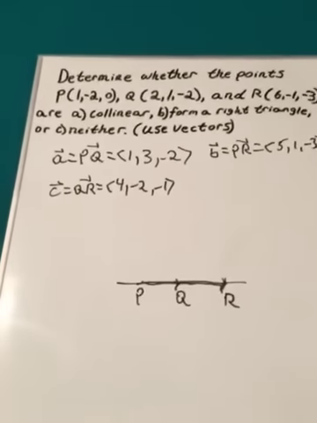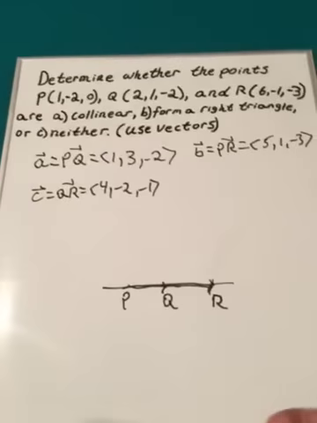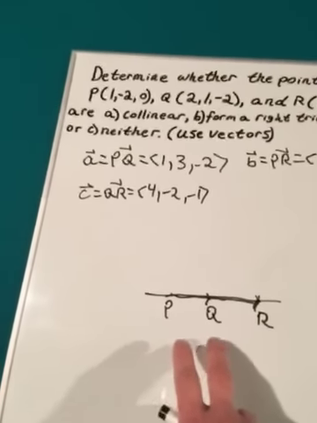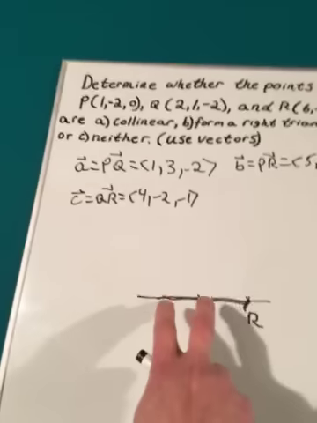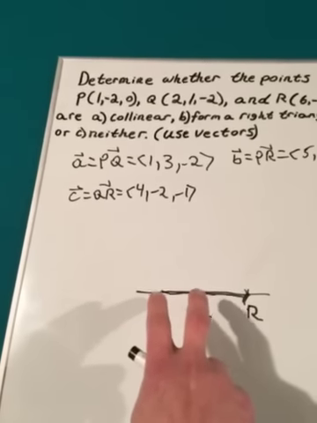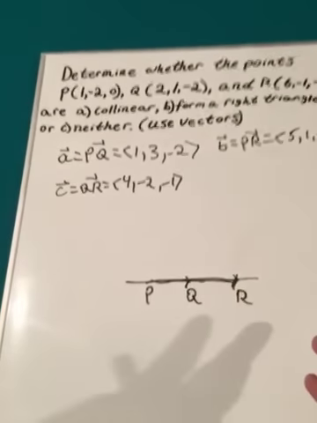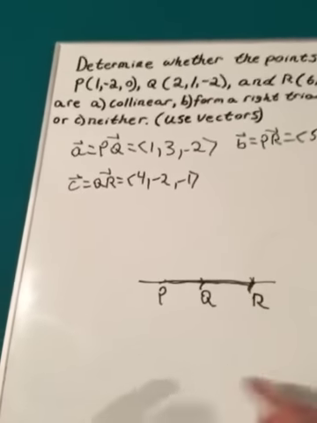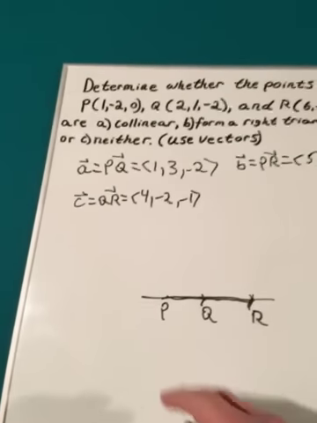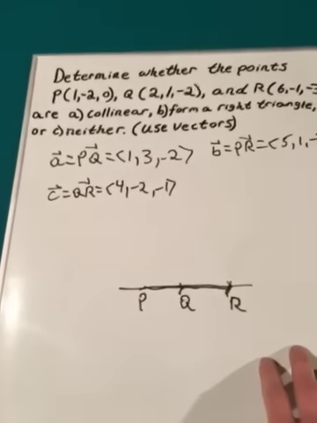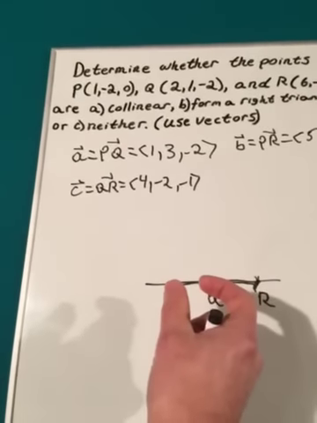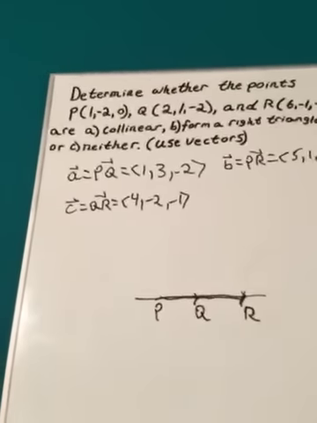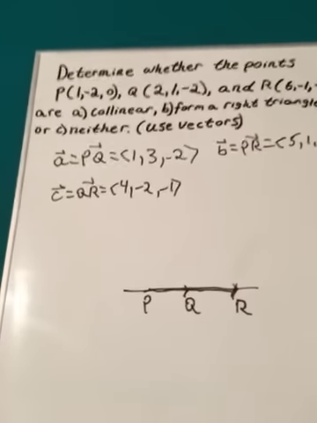So that means they're just scalar multiples of each other. Right? If the points lie on the same line, then the vectors between those points have to go in the same direction. They're just a scalar multiple. What does a scalar multiple mean? It means just take a number, a scalar, times that vector. And it just either makes the vector bigger or smaller. It just scales the vector. That's what a scalar does.